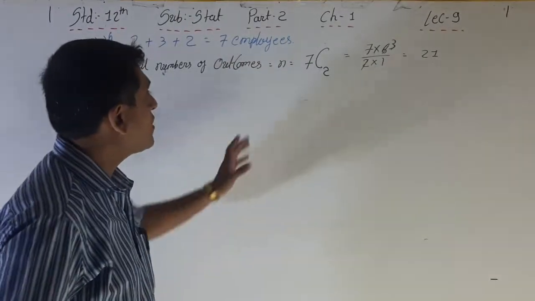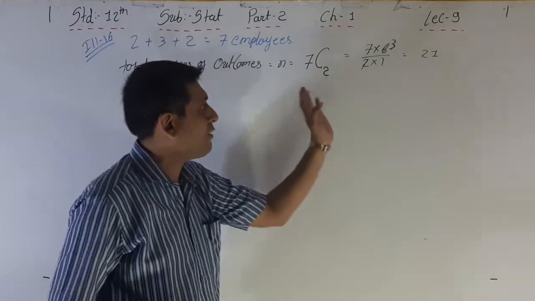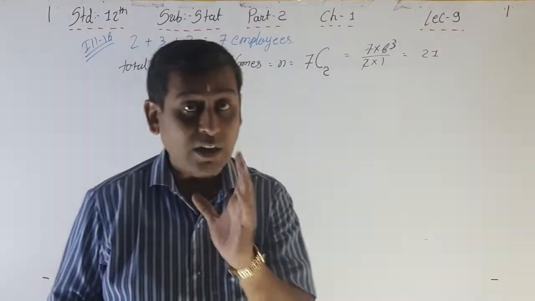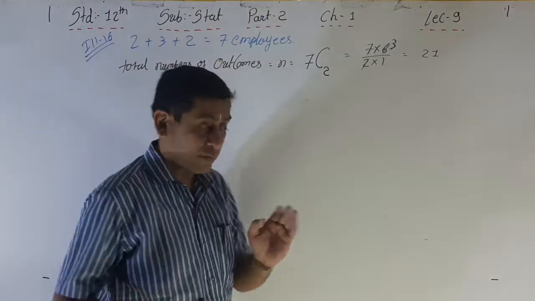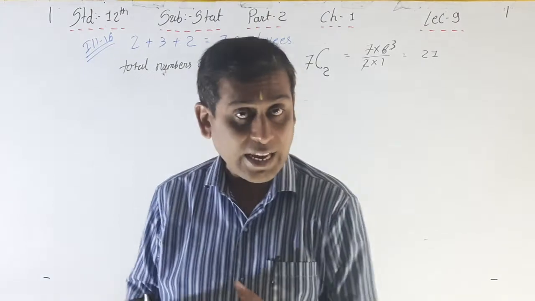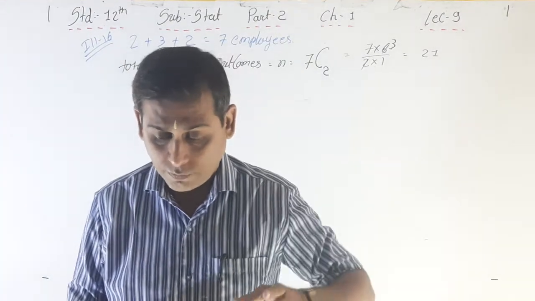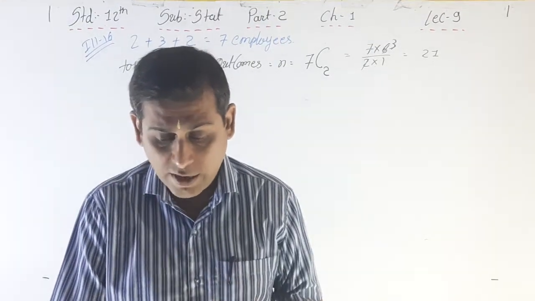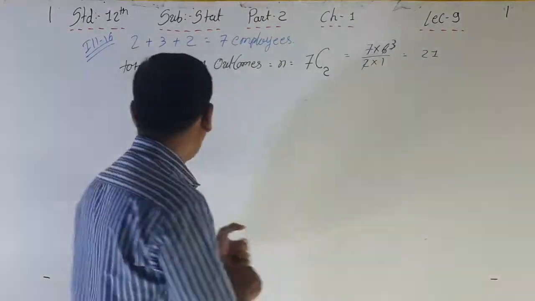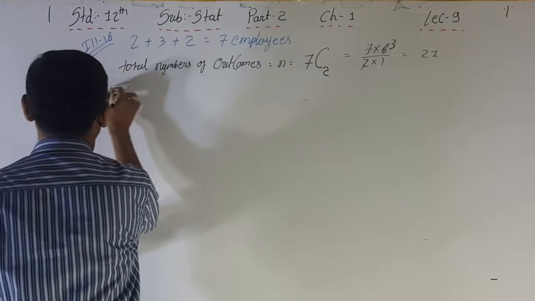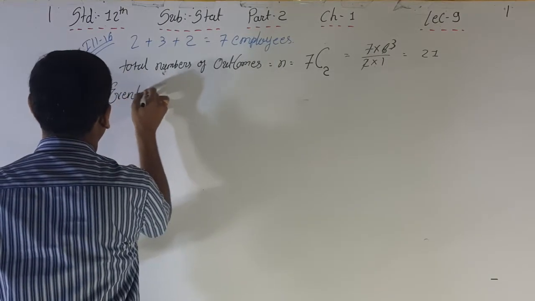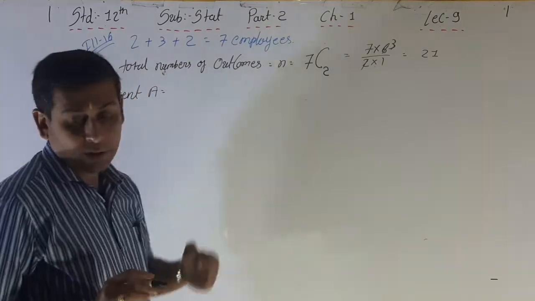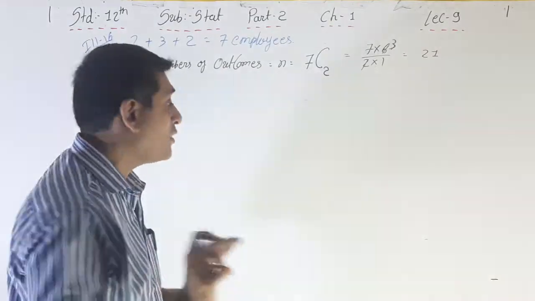Now, 7C2 is equal to 7 into 6 divided by 2 into 1, that is 3 sevens are 21, your final answer. That is the total outcomes of this experiment. Now, what are the events? Find the probability that there are, first, event A, these two persons are two peons.